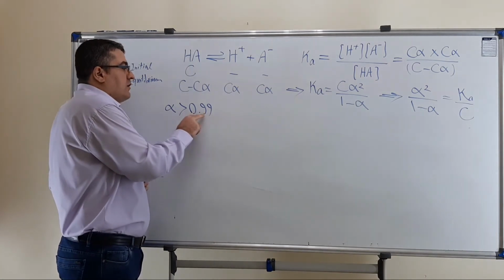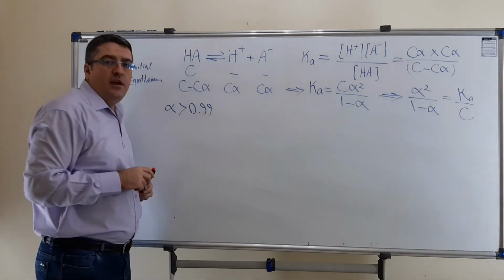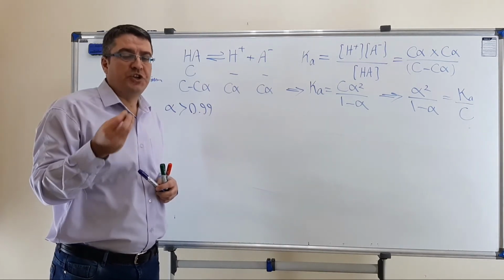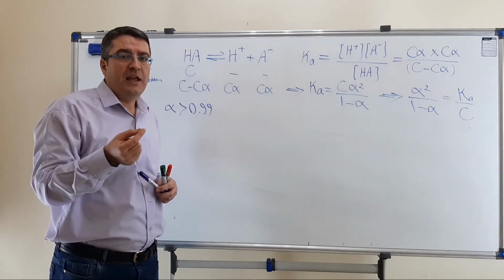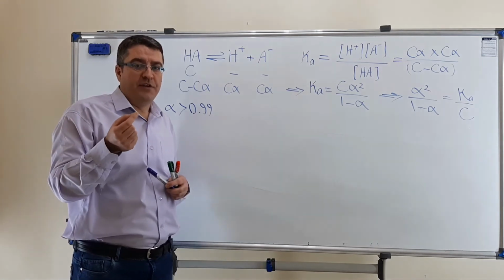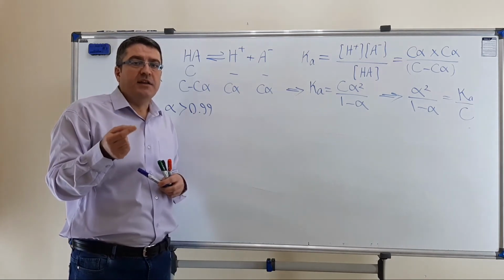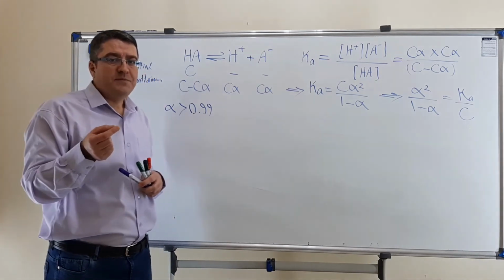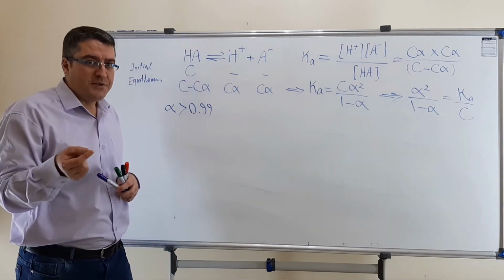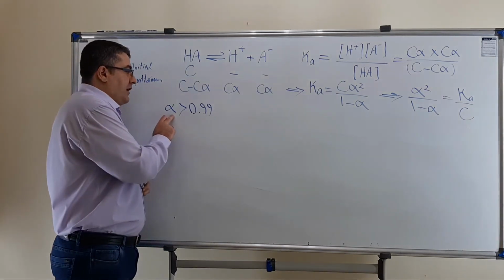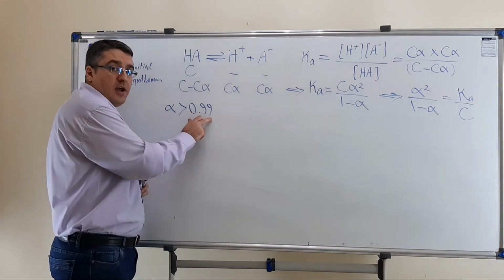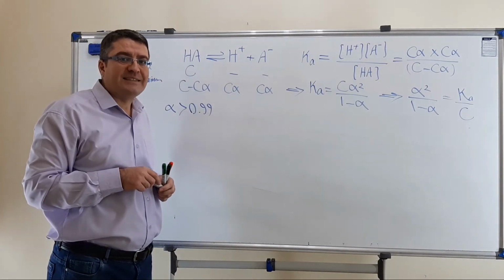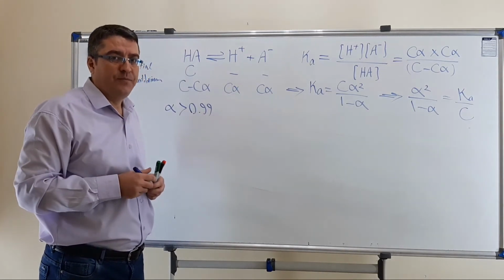Alpha over 0.99 means that 99% of the acid is dissociated and less than 1% of it remains in its undissociated form. So it seems reasonable to assume that for alpha greater than 0.99, almost all of the acid is dissociated and the acid is a strong acid.